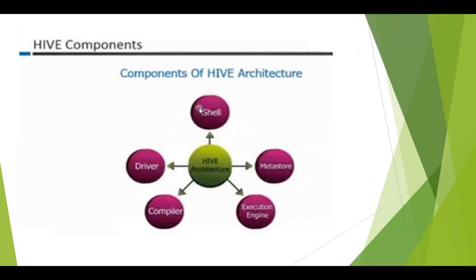This meta store is only for Hive, not for the remaining Hadoop cluster. Then we have one execution engine, which is responsible for executing your HiveQL, the Hive query language. Then we have the compiler and driver. So this is only the basic and small architecture of Hive.